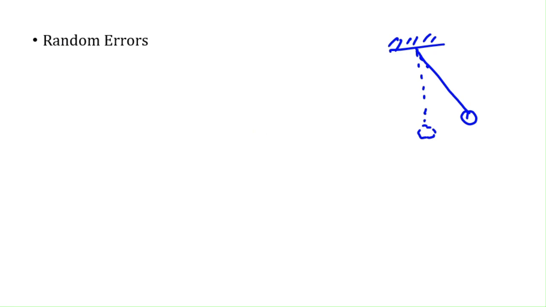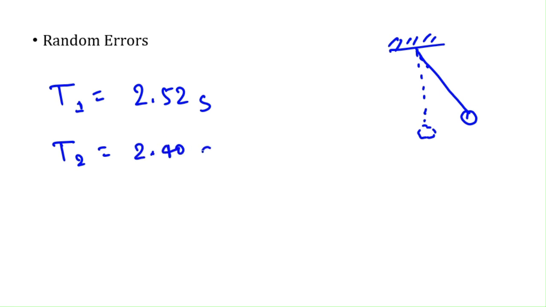In the first case, suppose you have measured a value of 2.52 seconds, but it is not necessary that in the second case you will get the same value. Maybe in the second case you are getting something like 2.40 seconds. So even if you have controlled the experimental conditions up to a certain extent, still at different instances you will get different results, at least slightly varying results while doing measurement.